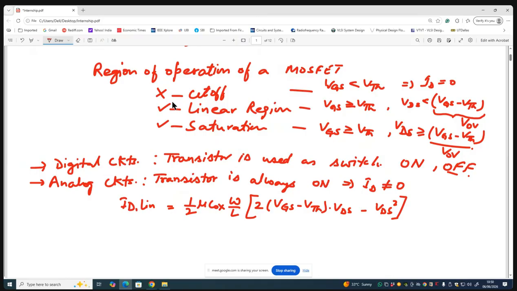Or do you want to correct me? Can you recall the expression for ID linear? Anybody? I'm not getting a response from any of you.